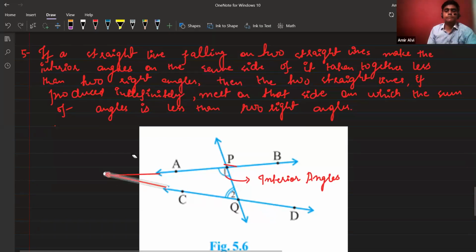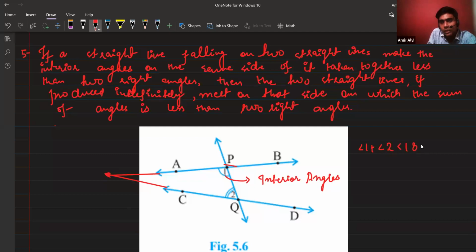So Simran, tell me. This is saying that if a straight line falling on two straight lines makes the interior angles on the same side taken together less than two right angles, then angle 1 plus angle 2 is less than 180.